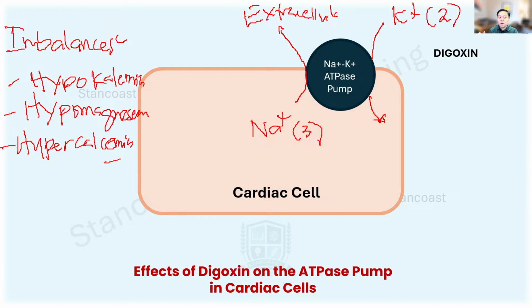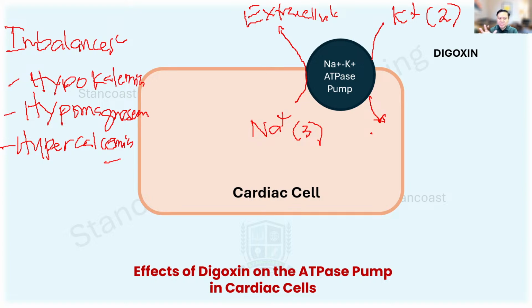Again, it will allow the exchange of 3 sodium ions, expelled from the myocyte into the outer section or the extracellular compartment. However, it will allow the entry of 2 ions of potassium from the extracellular compartment into the heart cell.